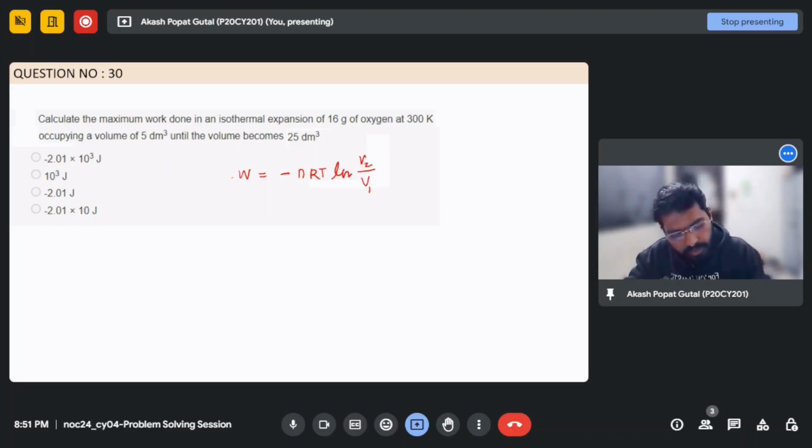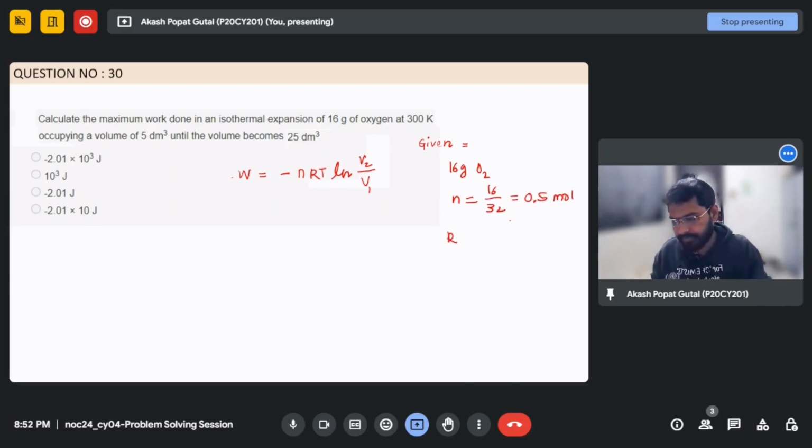The given things are: 16 gram of oxygen is given, so the number of moles is 16 divided by 32, which is 0.5 moles.